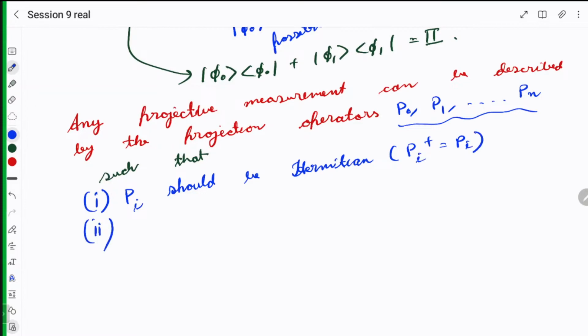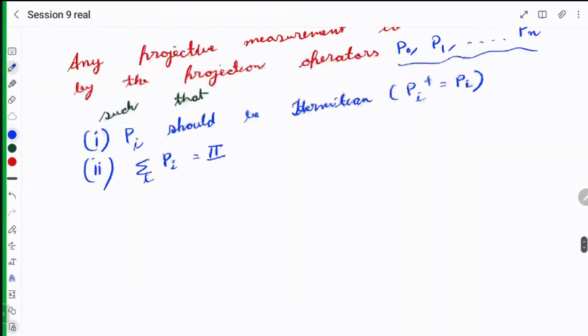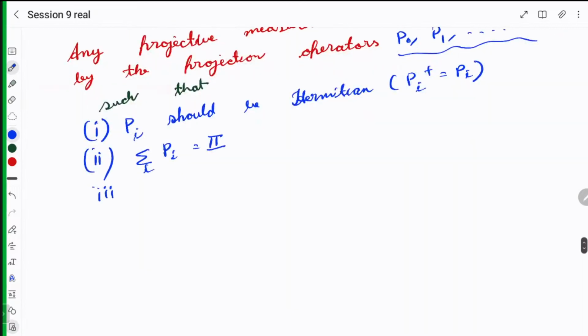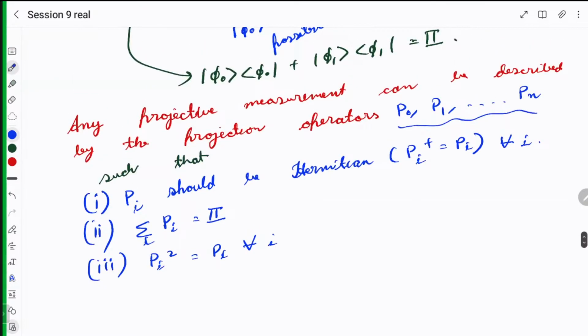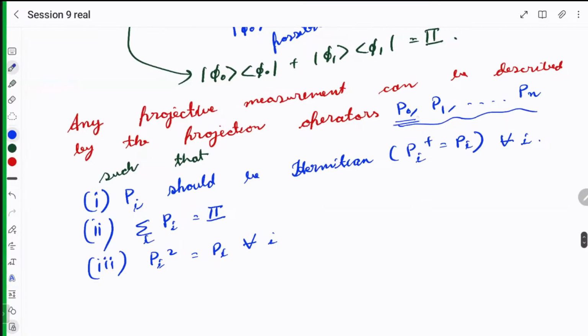Then the summation over all Pi should give me identity. And also Pi squared should be equal to Pi, for all i. So if there is a set of operators P1 to Pn which satisfy these three properties, then they can describe a projective measurement.